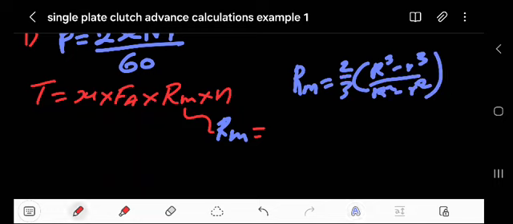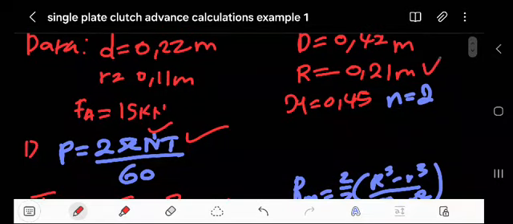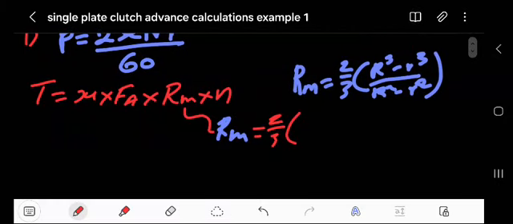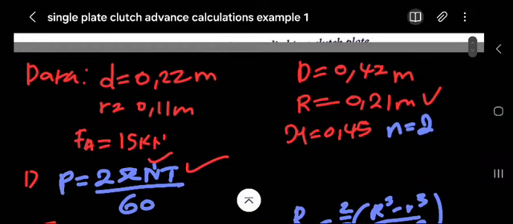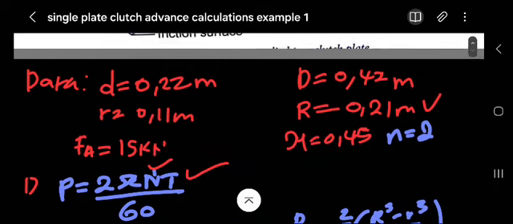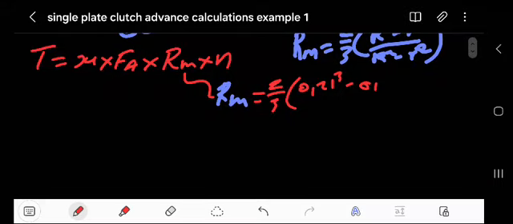In such a case, Rm will be 2 over 3 times the outer radius, which is 0.21, cubed, minus the inner radius, which is 0.11, cubed, over 0.21 squared minus 0.11 squared at the bottom.